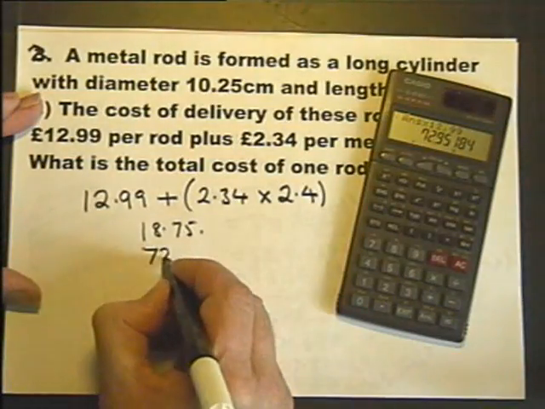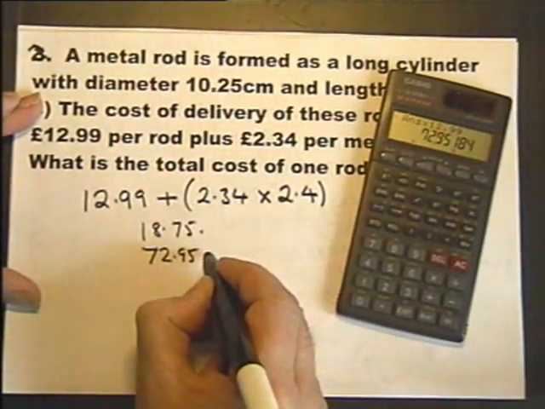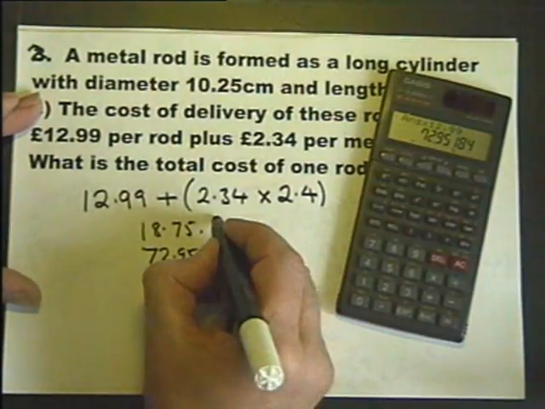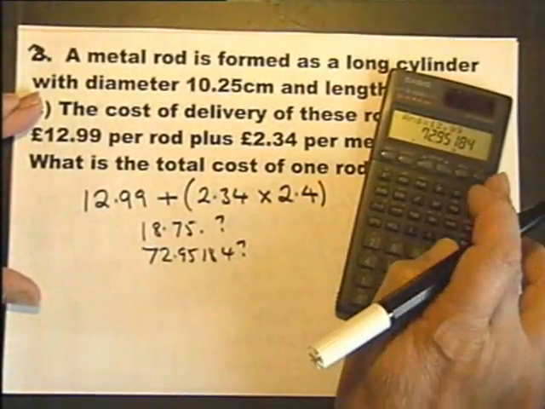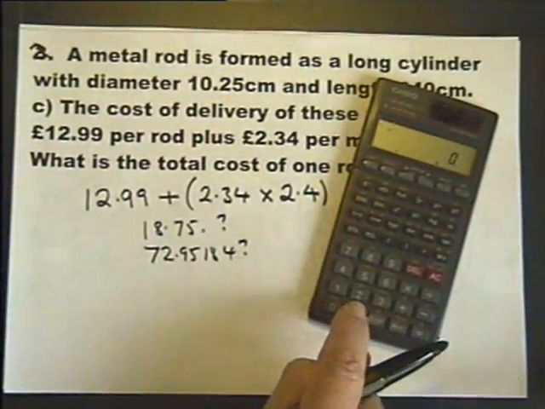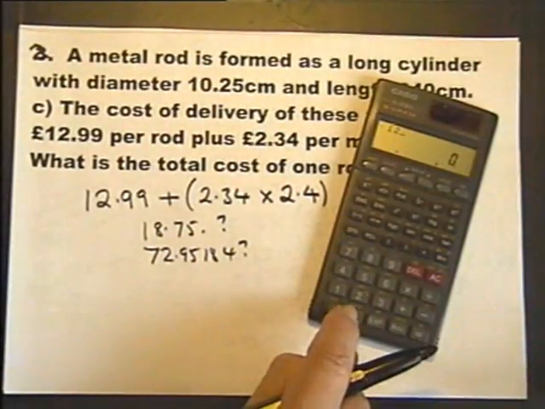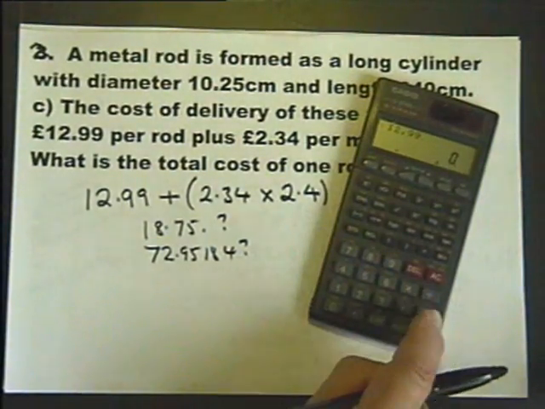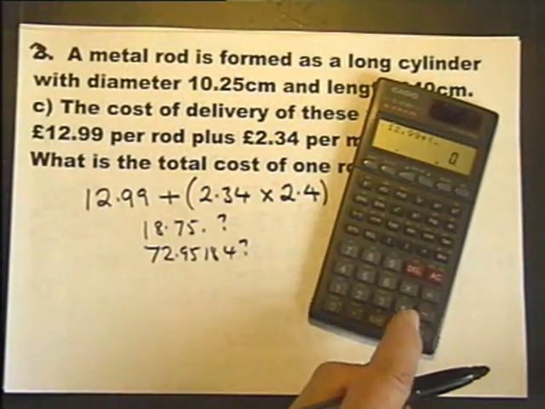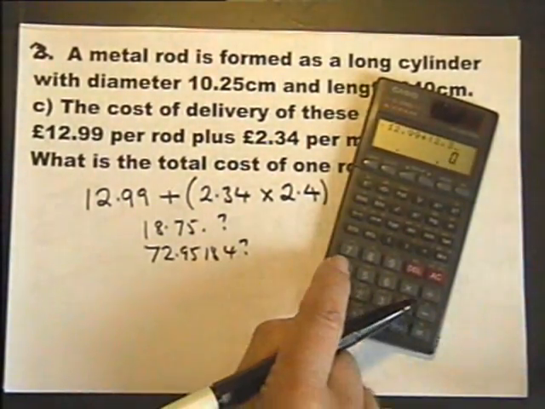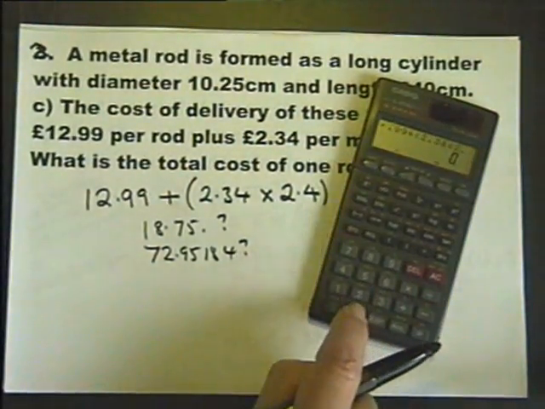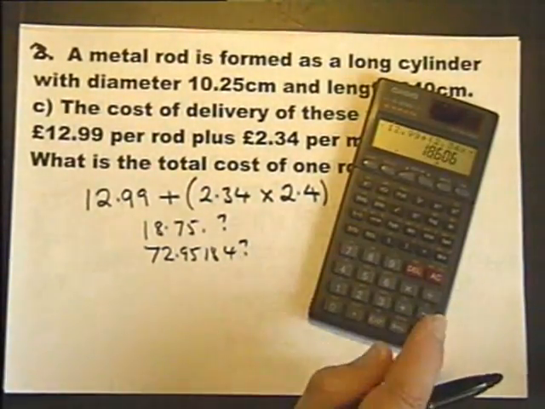I've actually got this. In the exam, maybe I'm beginning to panic, but no, I'll type it in. 12.99 plus open brackets 2.34 multiplied by 2.4 close brackets equals.